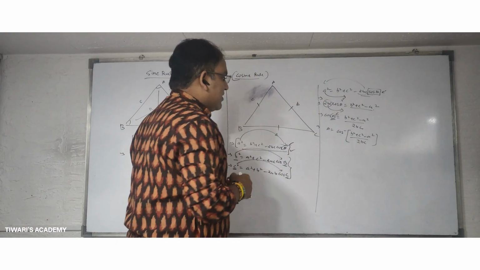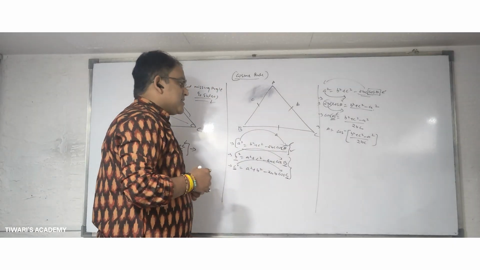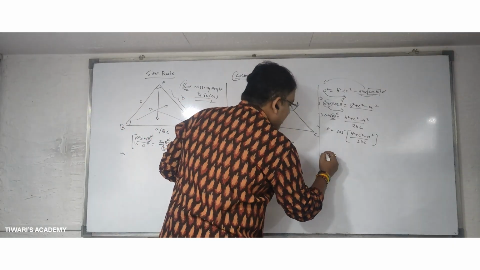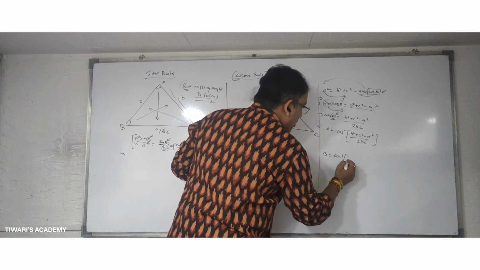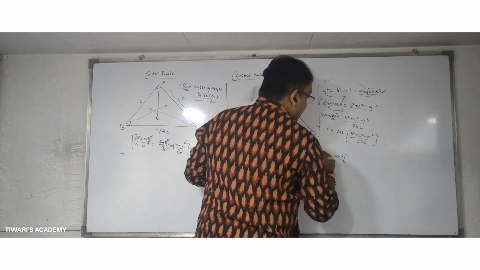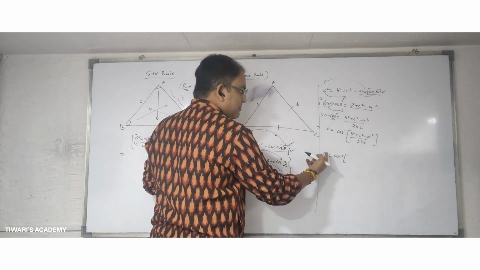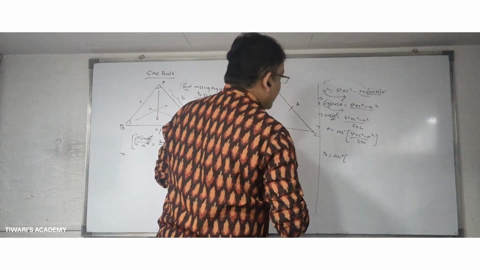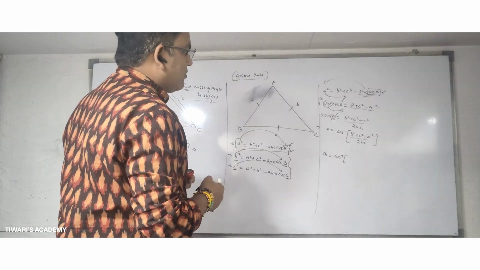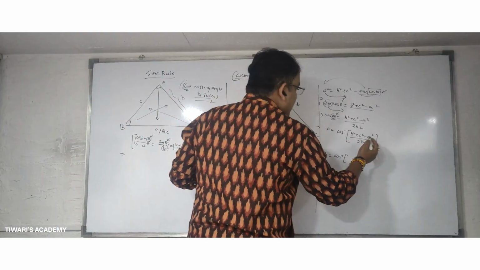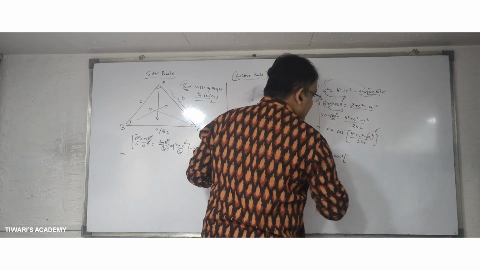Now similarly I can find angle B and angle C. Angle B can be given as cos inverse of, since I am finding angle B, my B will come at the place of A square.